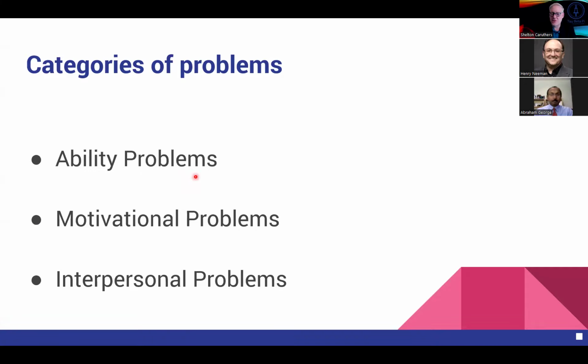And maybe there are a few more, but these kind of cover everything. Very generally, there are ability problems, there are motivational problems, and there are interpersonal problems. So think back to what you put into the chat. Where does yours fall within those? Well, let's talk a little bit more about each of these, and you'll have that answer when you get there.